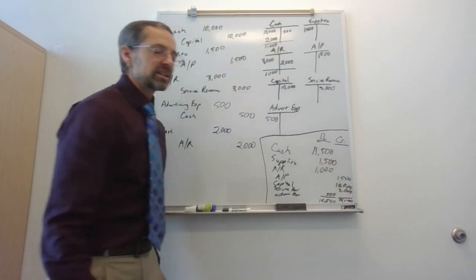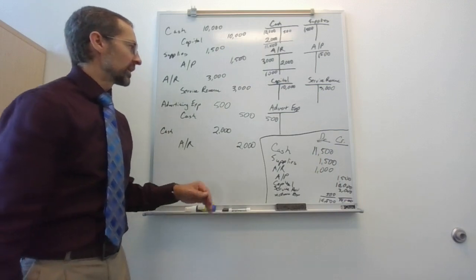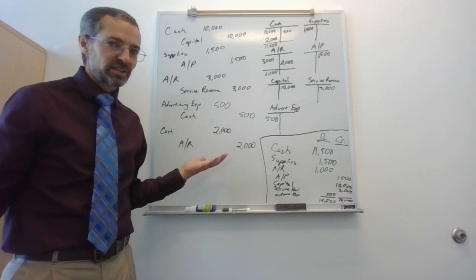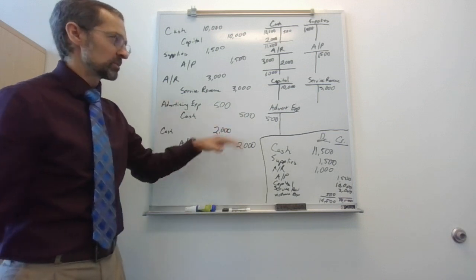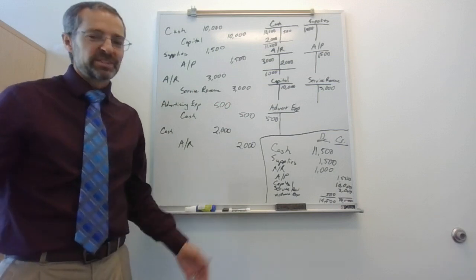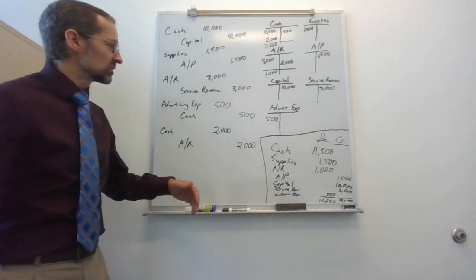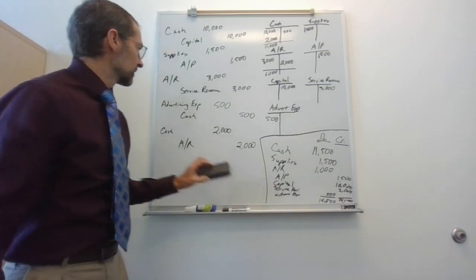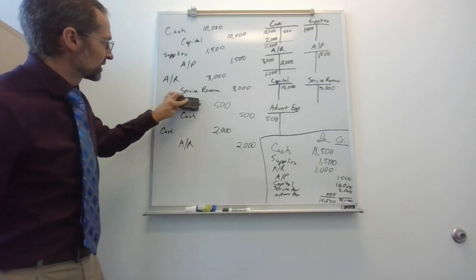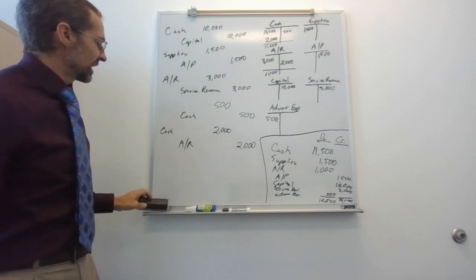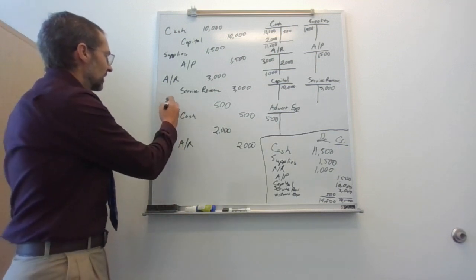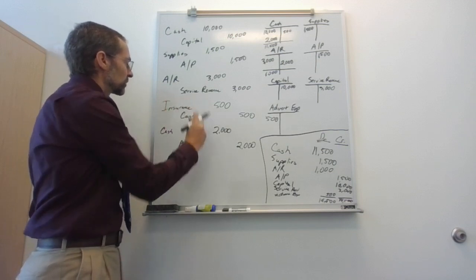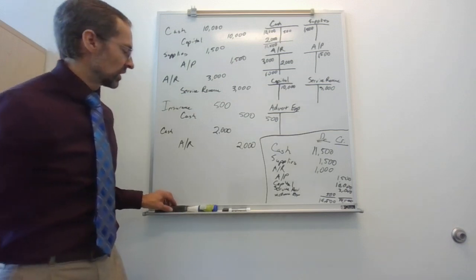It won't catch everything though. The things that it won't catch are, well, debits do equal credits, but I wrote down the wrong number originally in the first place. So first place, my number was wrong. Debits equal credits. It also doesn't tell me whether I chose the right account. For example, advertising expense. Well, what if I accidentally put something like insurance expense, or prepaid insurance, which is also an asset?